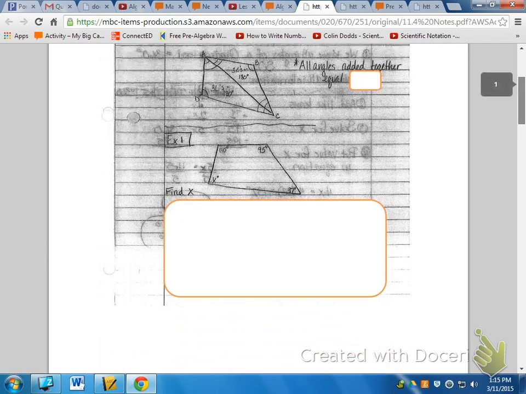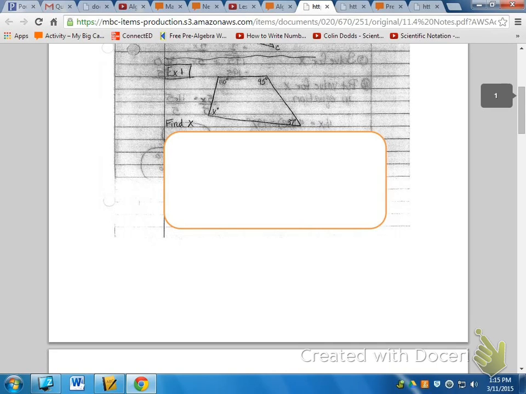Sort of. All right, let's look at just a plain quadrilateral in example 1 and see what information we're given. The angle in the upper left is 110 degrees, and going clockwise around the shape, I get a 95, a 37, and an X. The directions say to find X. I want you to get in the habit of writing an equation to solve.